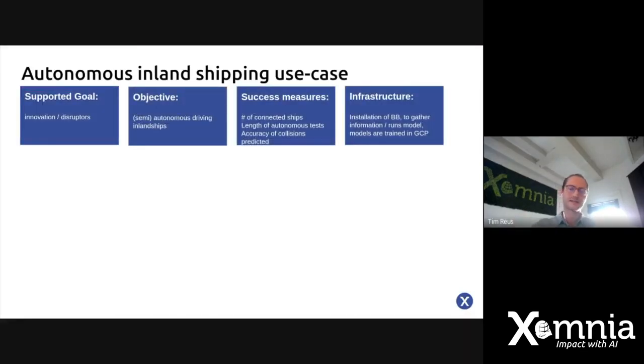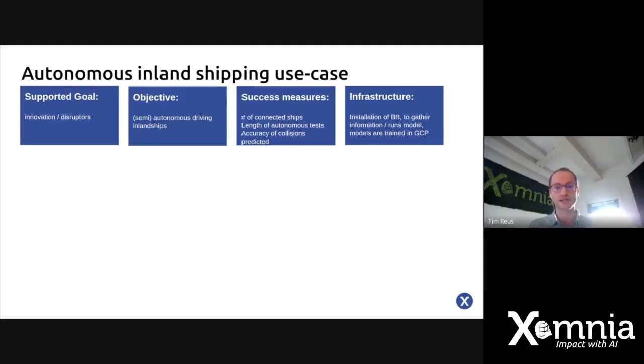We've seen Tesla move to autonomous vehicles. We see companies in Scandinavia building newly built ships and making them autonomous. And the idea that we had was to take existing ships and make them smarter and semi-autonomous, which means there will still be people on board.